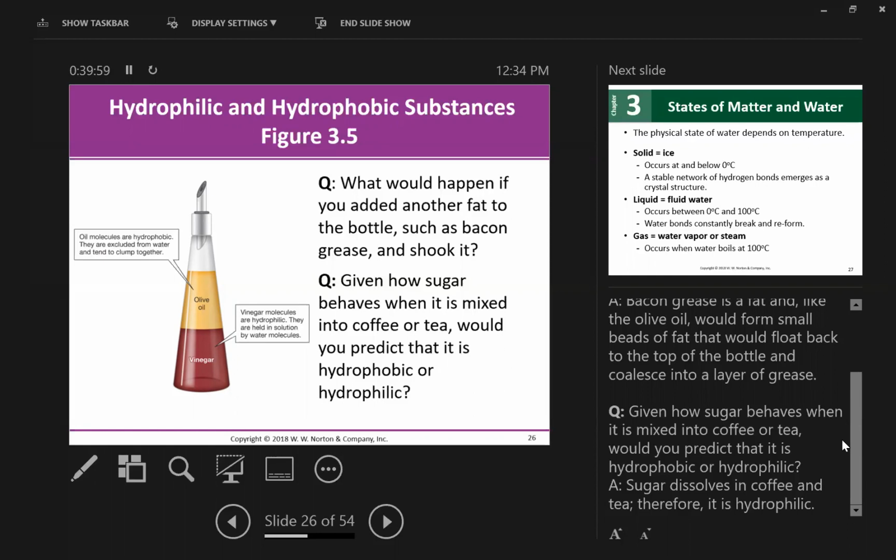So let's break that down for a moment and look at the different pieces of this chemical reaction. We have sugar, which is your solute. You have the coffee, which is your solvent. And after that chemical reaction, you're going to have your sweetened coffee or your sweetened tea. That's going to be your solution.